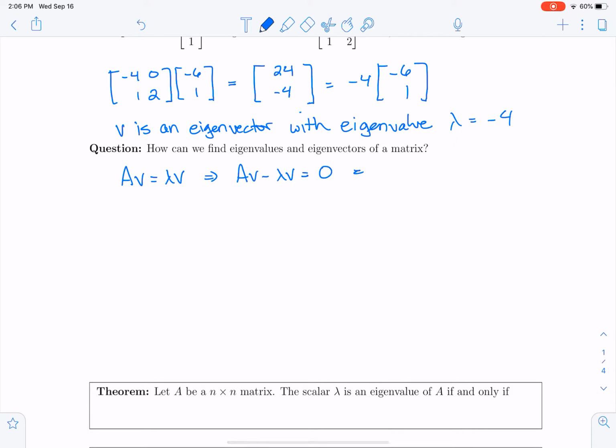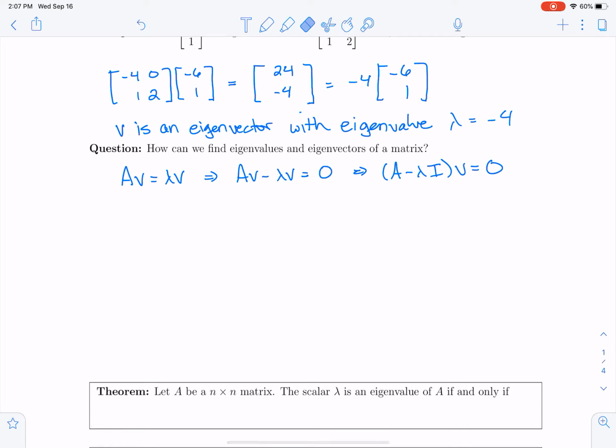Or, furthermore, we can rewrite that as A minus lambda I times V is equal to 0. So here we have a matrix times a vector equals the 0 vector. So essentially, we need to find the null space of A minus lambda I.